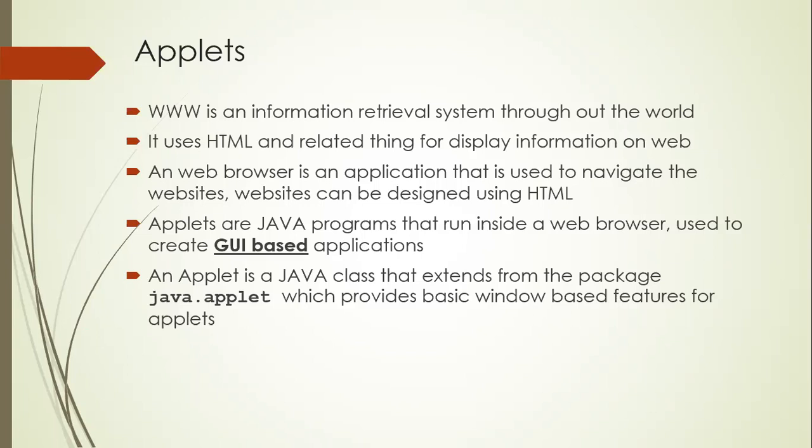To display the website, we have another application called a web browser, which is an application used to navigate websites. Those websites can be designed using HTML, and the HTML files can be opened through a web browser.